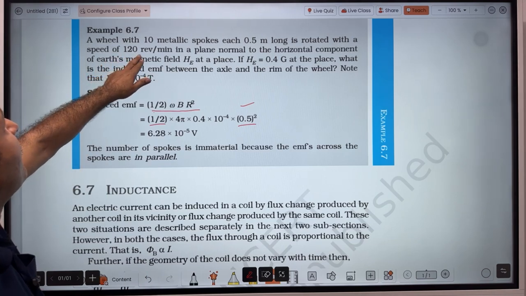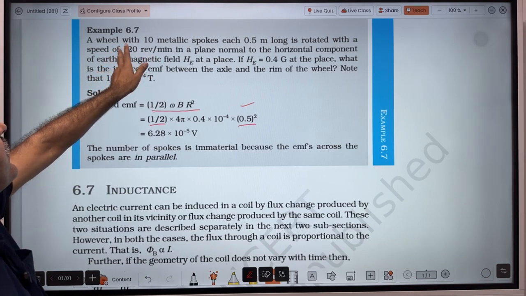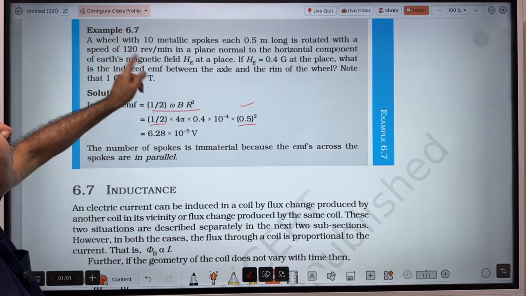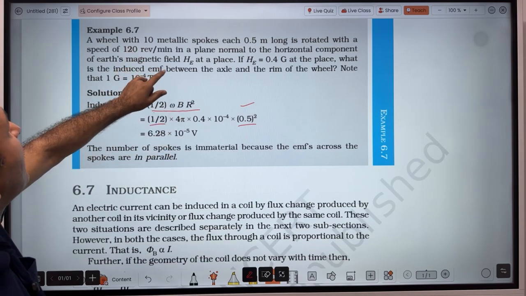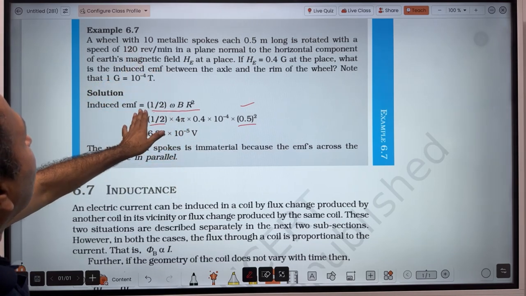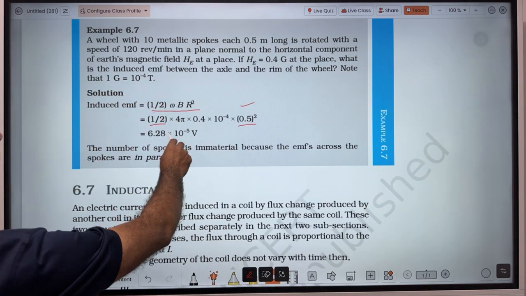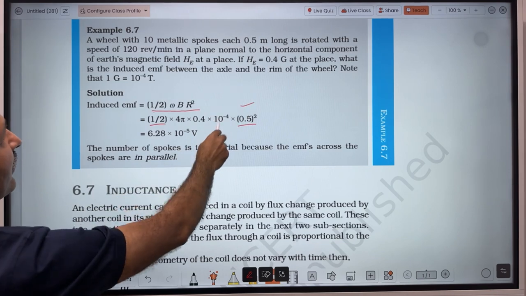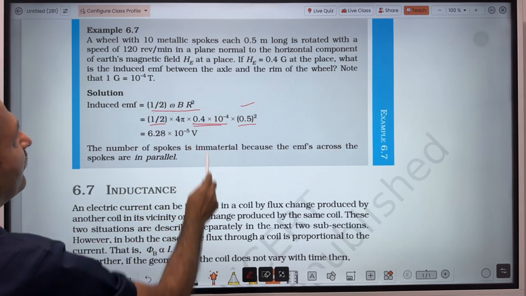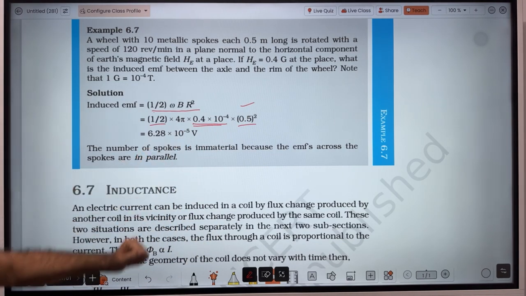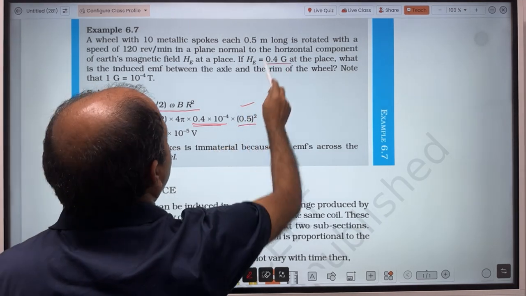So revolutions per second will be equal to 120 divided by 60, so it will become 2. So that is why this is 4 pi, and then r square. What is the radius? The radius is given as 0.5. So the value of magnetic field is given as 0.4 into 10 power minus 4, 0.4 Gauss.